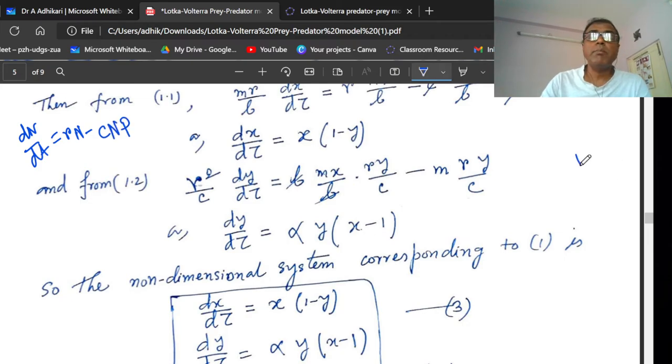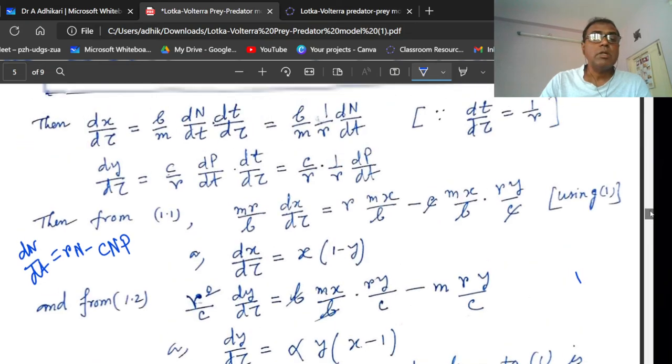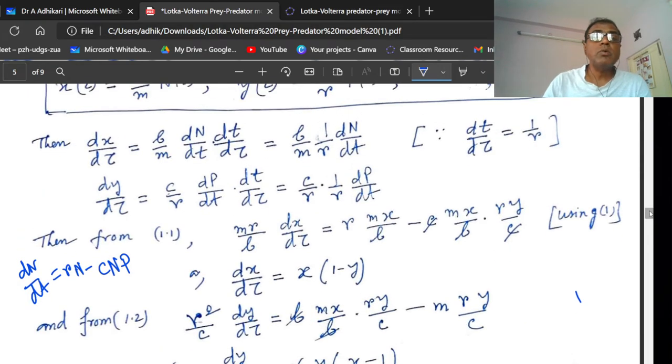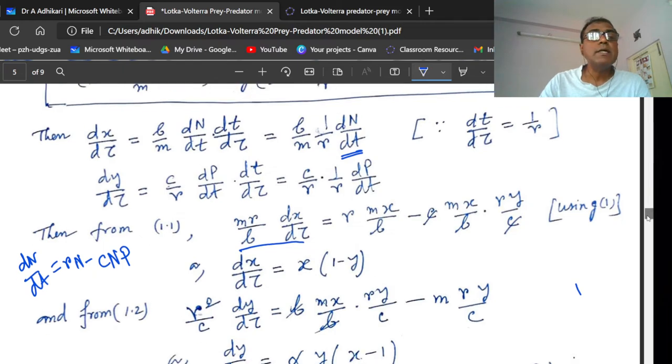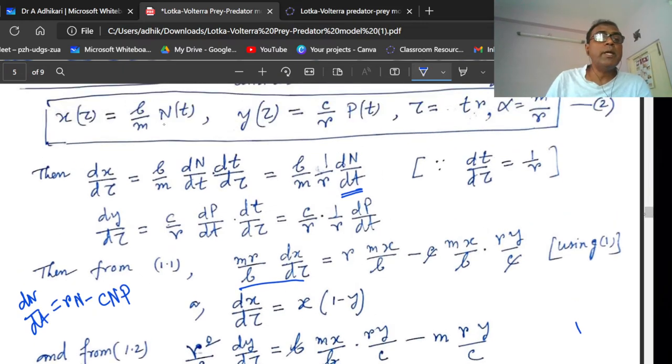So from this equation dn/dt equals m into r by b into dx/d tau. Put the value of n, which is m into x by b, and p equals r into y by c.